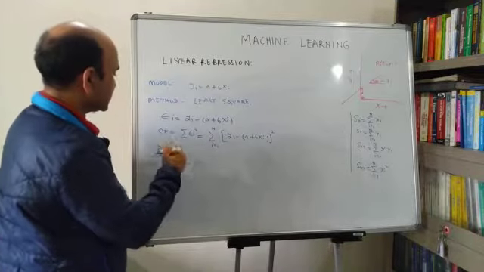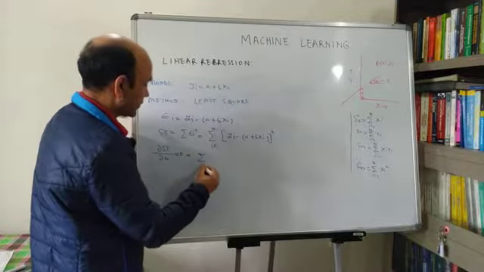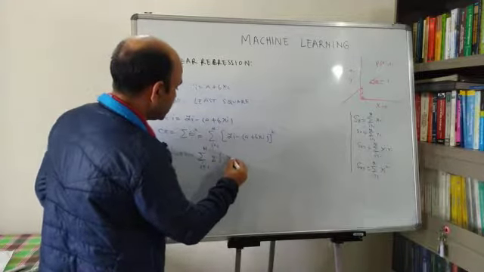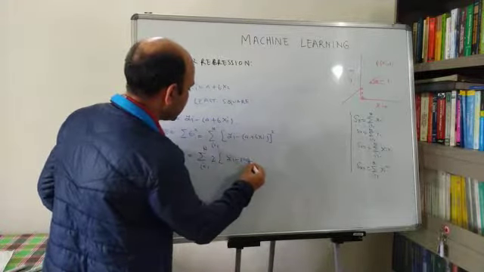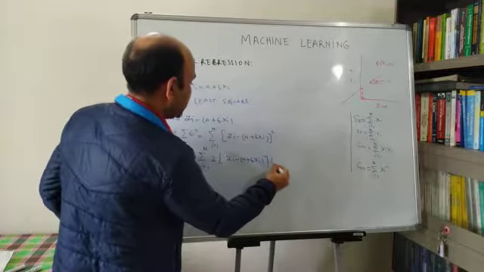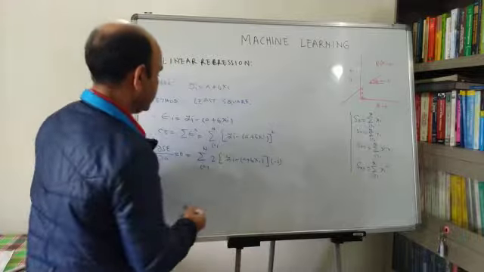Okay, so let us do it actually. The sum from i = 1 to n of 2(yi - (a + bxi)), and here it will be times minus 1.